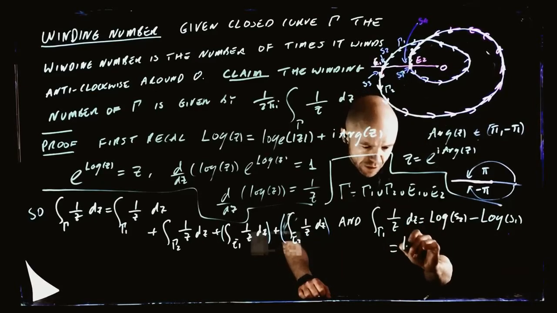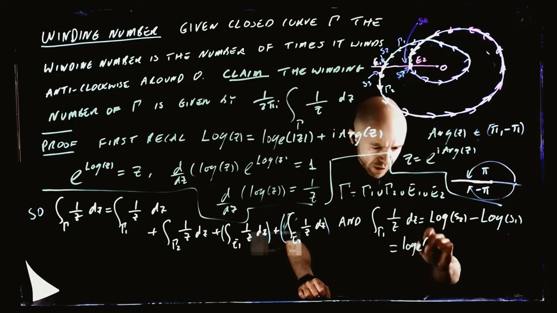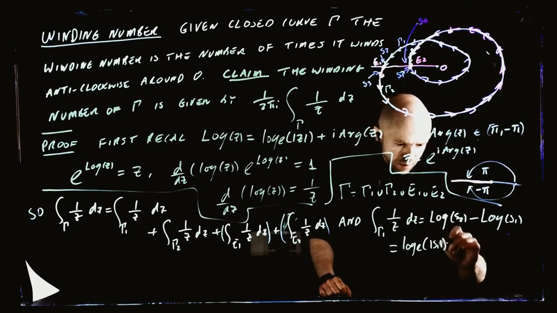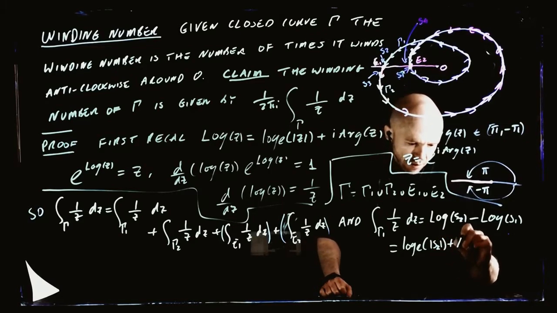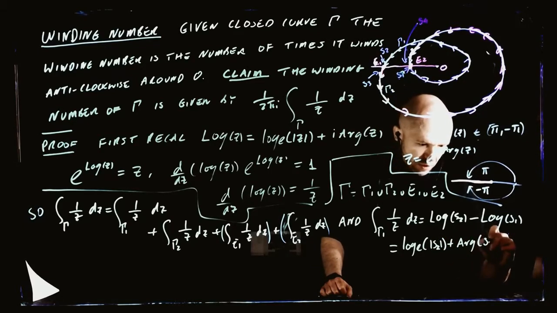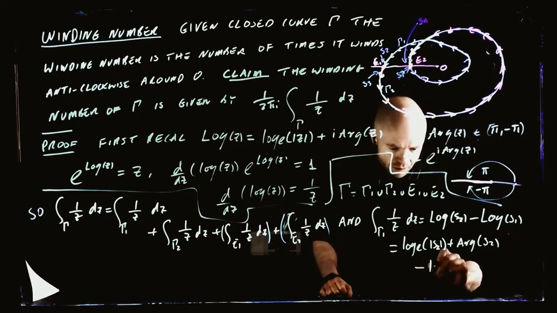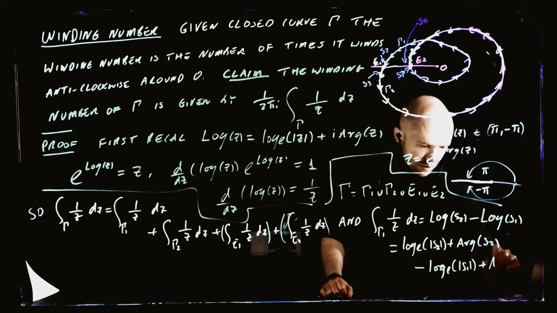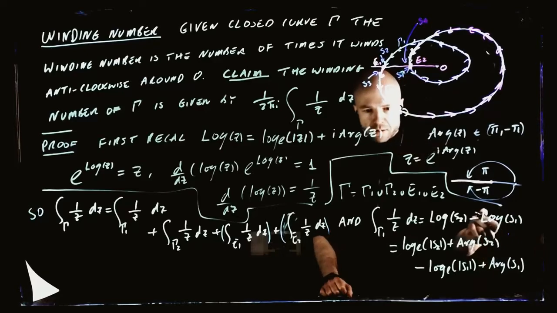This is log to the base e of the absolute value of S2 plus i times the argument of S2, minus log to the base e of the absolute value of S1 plus i times the argument of S1. That's just the definition of complex log.